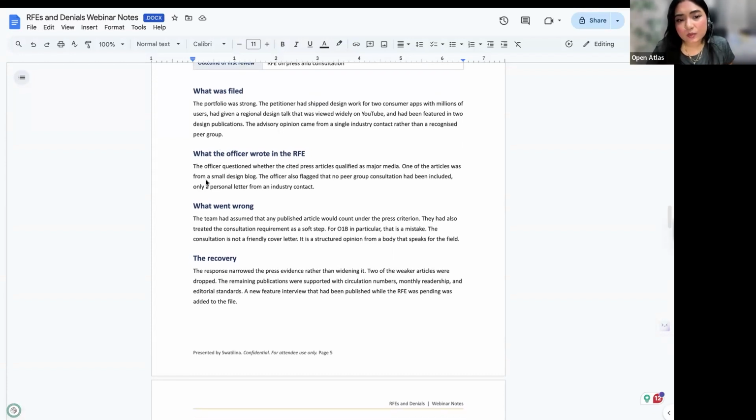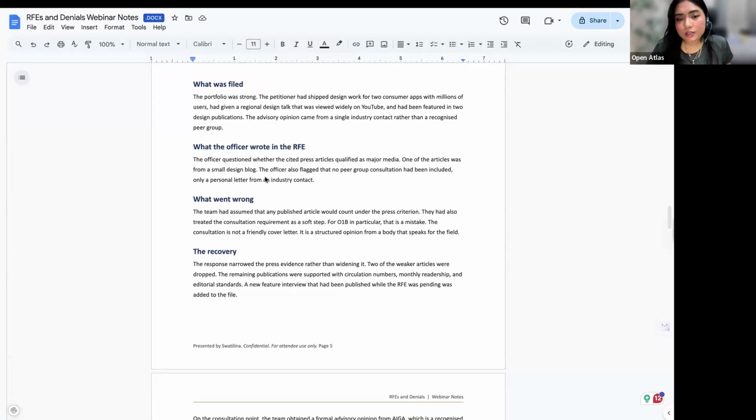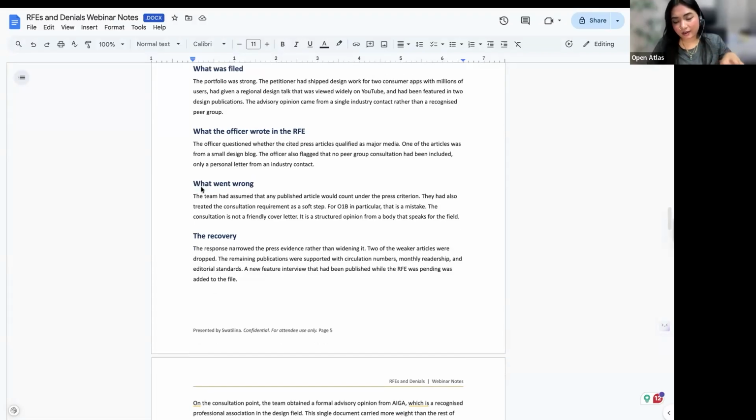One of the articles was from a small design blog. Please do not use Medium or those kinds of blogs. It is not worth it. It's red flagged. The officer also flagged that no peer group consultation had been included, only a personal letter from an industry contact.